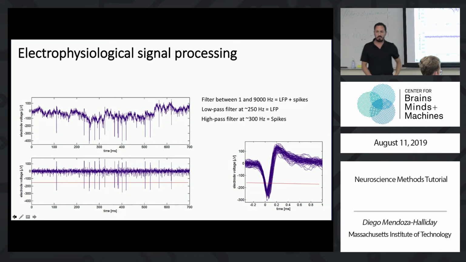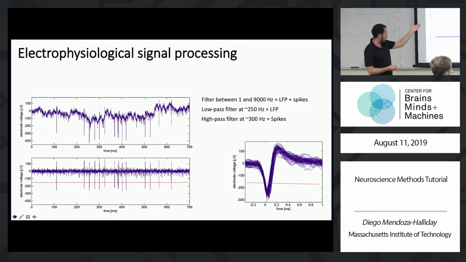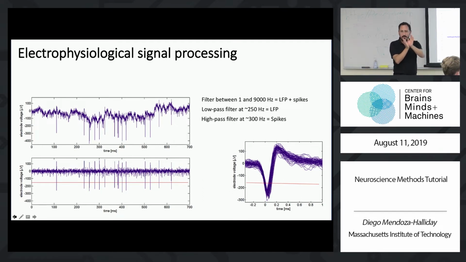If you're interested in a single neuron, well, actually before that, you can filter the data to extract some of the noise that you know is not biological. So you filter out everything below 1 hertz and above 9,000 hertz, and that gives you some of the local field potentials and spikes, and then you need to narrow it down to extracting local field potentials alone and spikes alone.